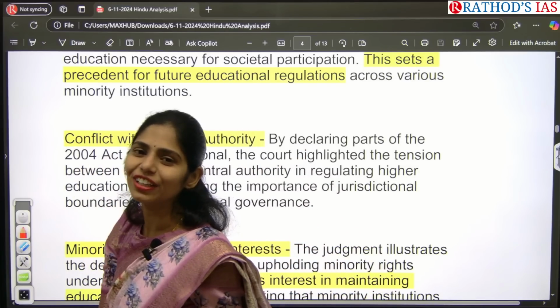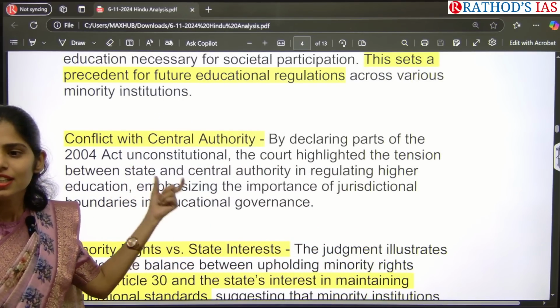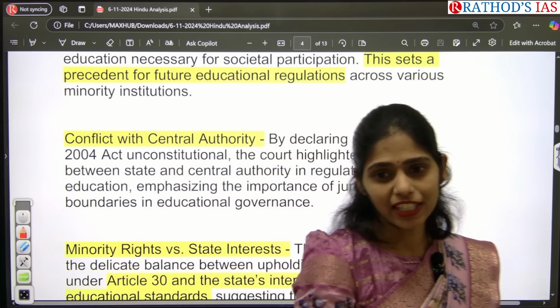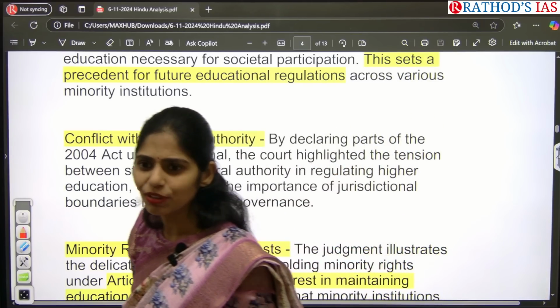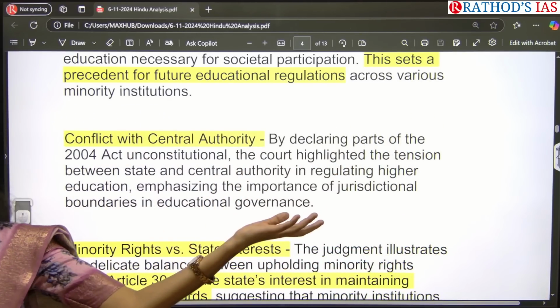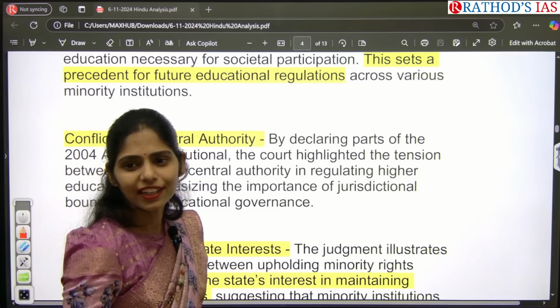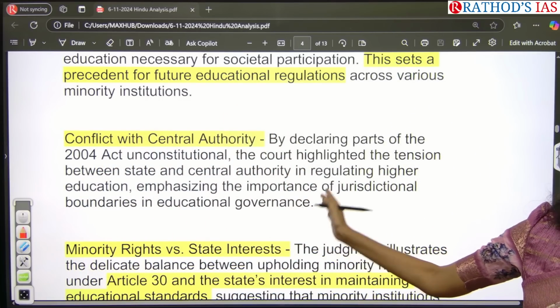Again there is a conflict between the center and the state regarding madrasa education: who will take care of higher education? The state is saying that we will take care of till 10th class, but what about the fazils, that is, the higher education system? Again there is a tussle going on, and we need a proper boundary between school education and higher education in these madrasas.